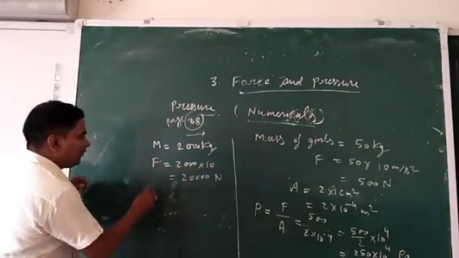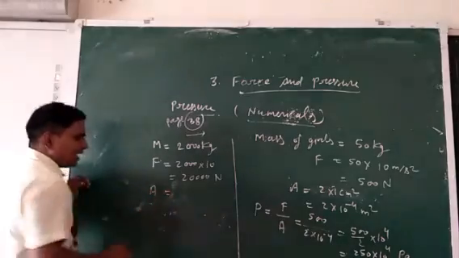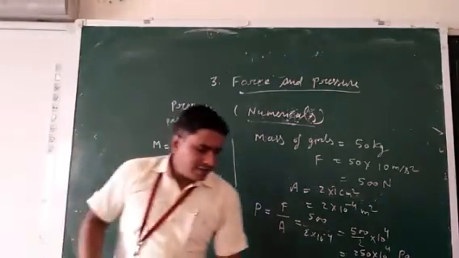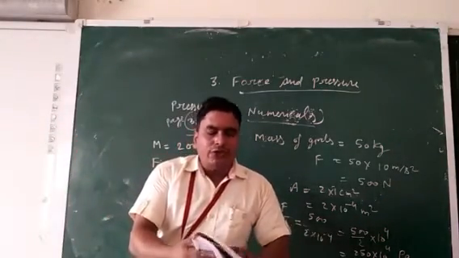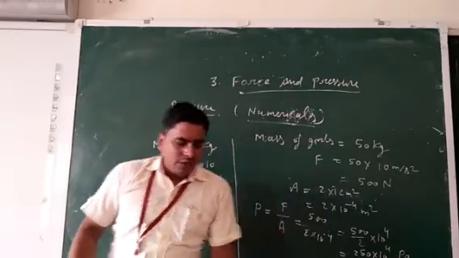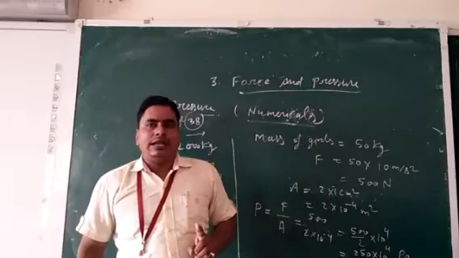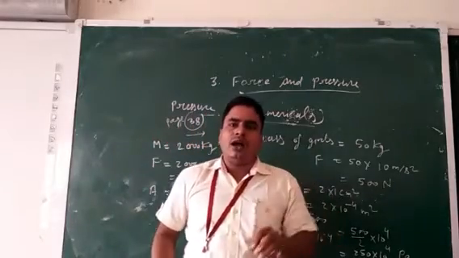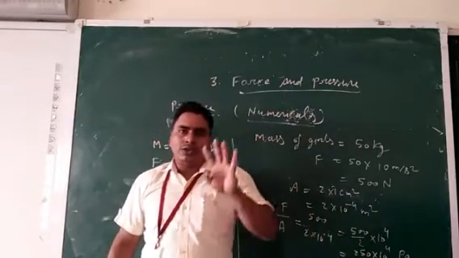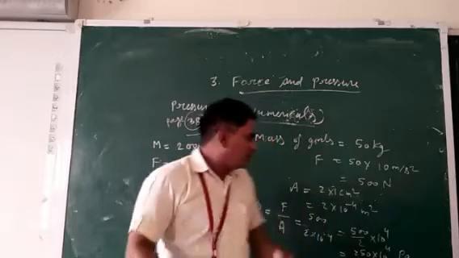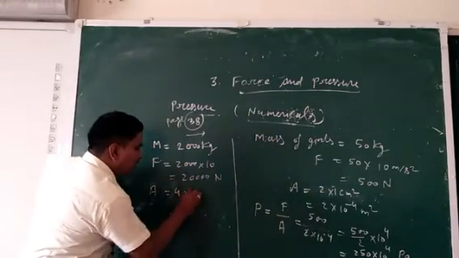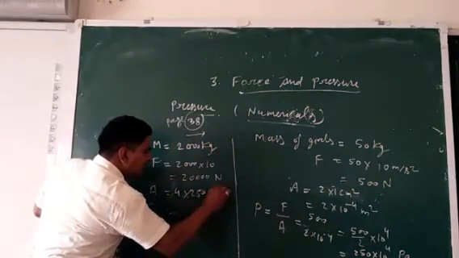Now, the area of cross section for this second object is given as 250 centimeter square for one leg which is in contact with the earth's surface. There are 4 legs, so total area is 4 into 250 centimeter square.